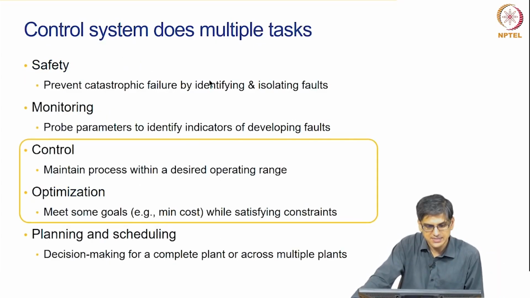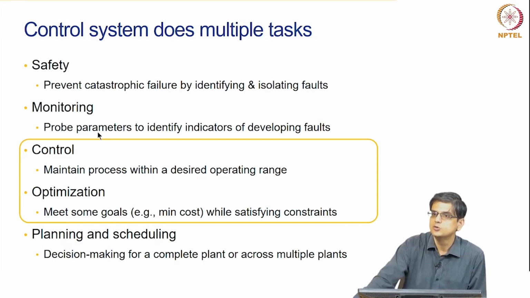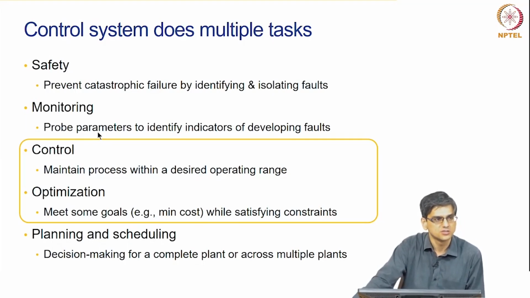As I said, just to summarize, the control system does multiple tasks. It does the task of safety, to prevent catastrophic failure by identifying and isolating faults. Monitoring is where you are probing the parameters so that you identify if faults are there, identify the problem areas, and analyze whether your system is working in a reasonable manner or not.